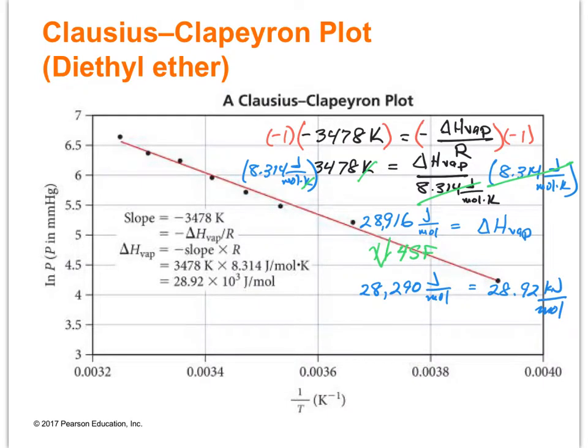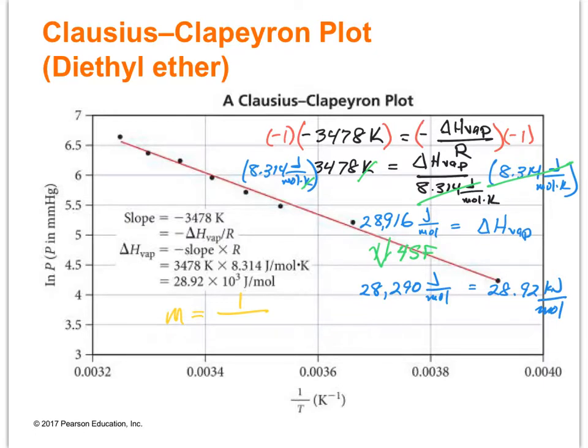Right? So this is where I already wrote this in, but I still think we should follow along here. So if we start off, we had the slope, which is negative 3,478 in units of Kelvin, right? Since we've got the rise has no units, the change in the y variable, since it's a natural log number, has no units, so our numerator has no units.